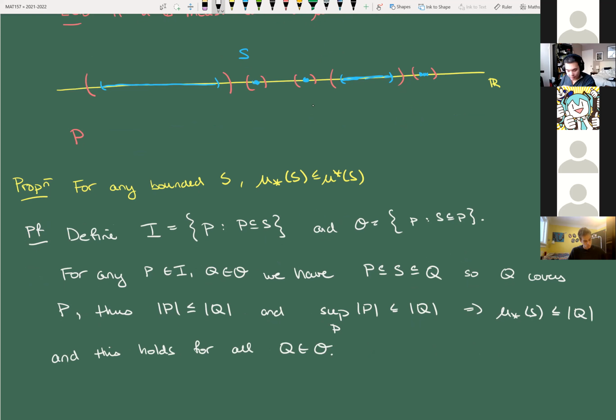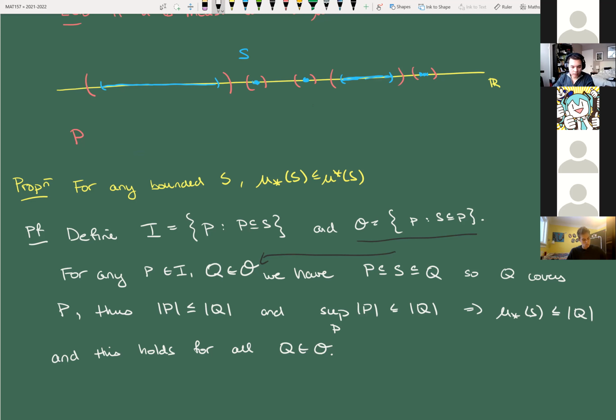Okay, and then in turn now, if I take the infimum, Q is from O. Yeah, maybe let me write that. Q is in O, and O is this thing right here. O is like the outer things. So I is for the inner polyintervals, and O is for the outer polyintervals, right? The things that cover our set.